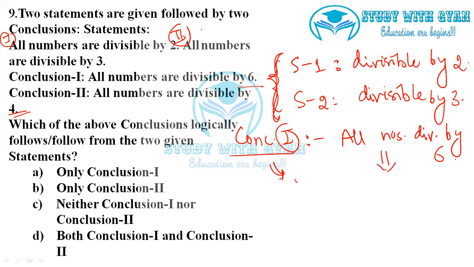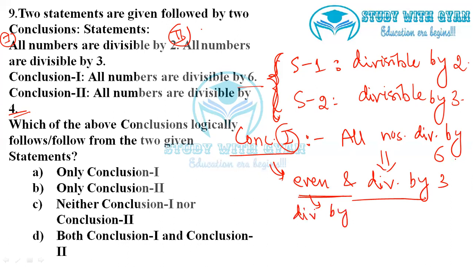Any number that is even and divisible by 3, or in a different manner, the number divisible by 2 and 3 both. Statement 1 says divisible by 2 and statement 2 says divisible by 3. So both statements together satisfy conclusion 1 very clearly. That means conclusion 1 is correct.